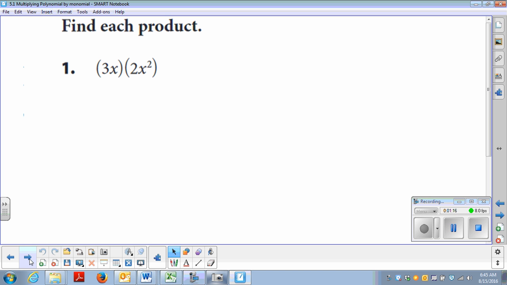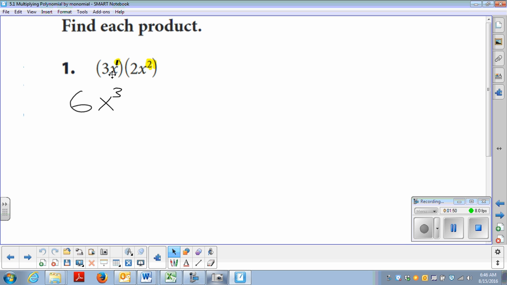Okay, so in number 1 here, they want us to find the product. They want us to multiply. The first thing I did is step 1, where I multiplied the coefficients, the number in front of the variable. So I have 3 times 2, which is 6. The next step I did is took the variables that are the same and add the exponents.